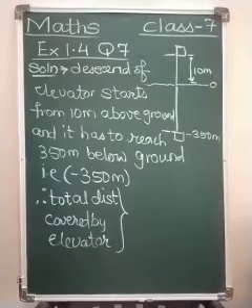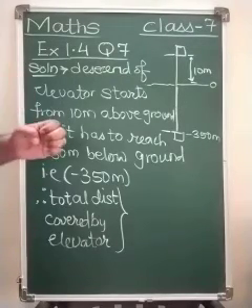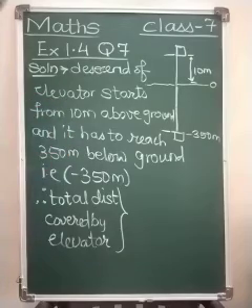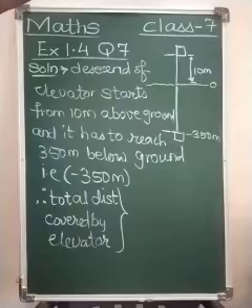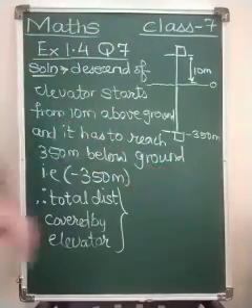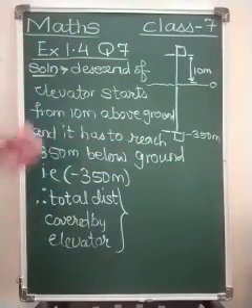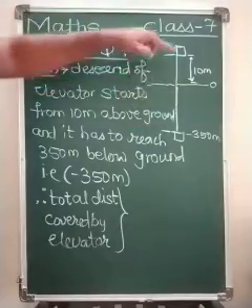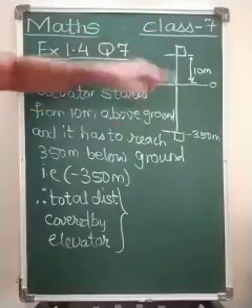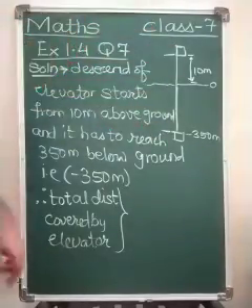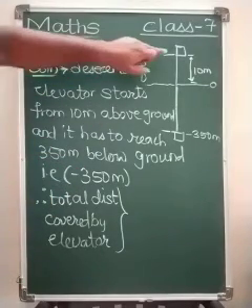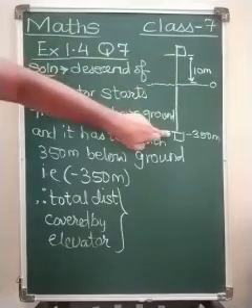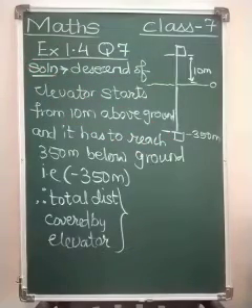Now remember, in exercise 1.2 or exercise 1.1, there was one sum where sea level is there, a plane is flying above the sea level, and a submarine is below that. If you remember it, when we had to find out the distance between 2 points, we used subtraction as the operation. Here also, to find out the distance between this point and this point, we have to use subtraction.